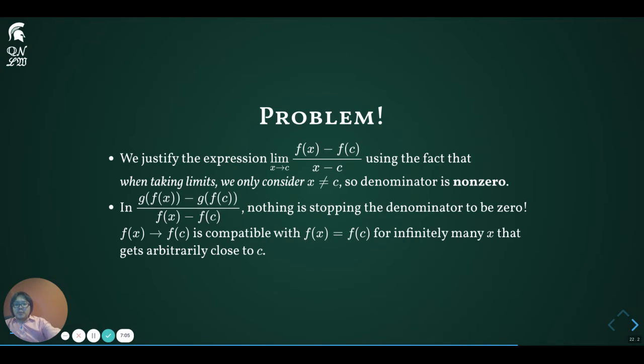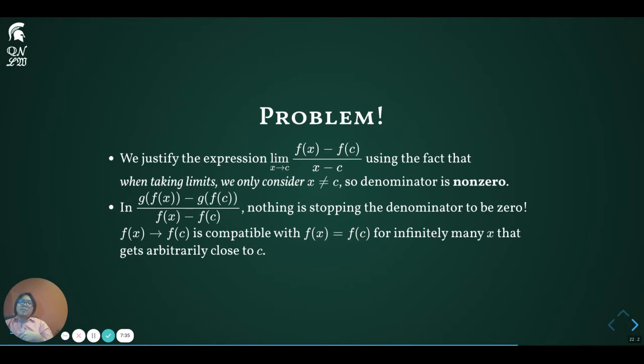For the putative difference quotient of g on the previous slide, instead of x and c, we have f of x and f of c. There is no longer anything stopping the denominator from being 0. Since f is just some arbitrary function, it is perfectly possible that for some values of x that are not equal to c, we have that f of x is in fact equal to f of c.